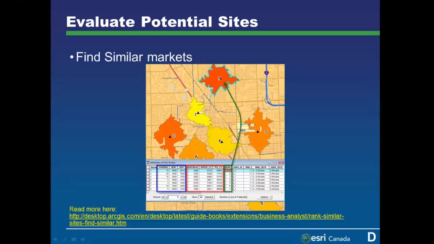There are two techniques available for this tool, which can be applied actually to points or to trade areas. The example that you see on the screen is applied to drive time trade areas. What we'll work through today relates to trade areas that are defined based on a buffer of the candidate locations.